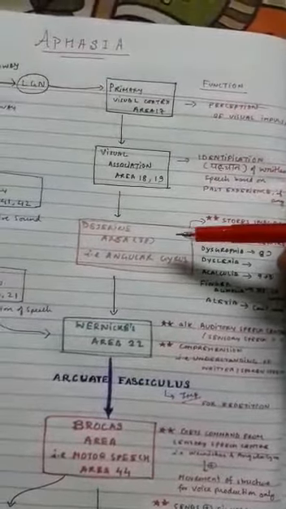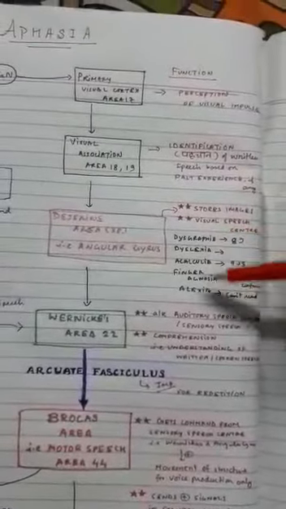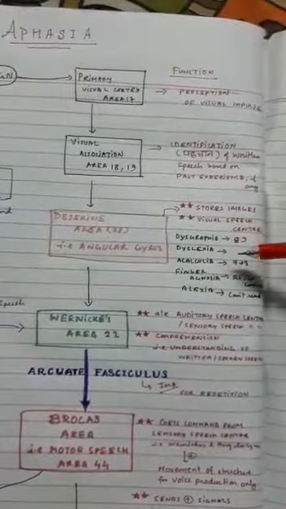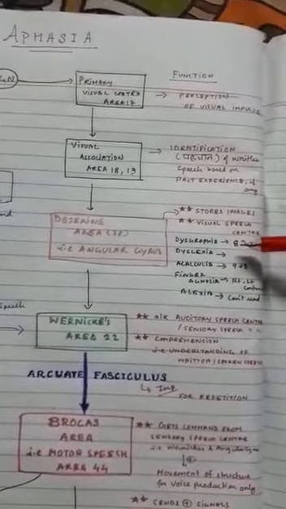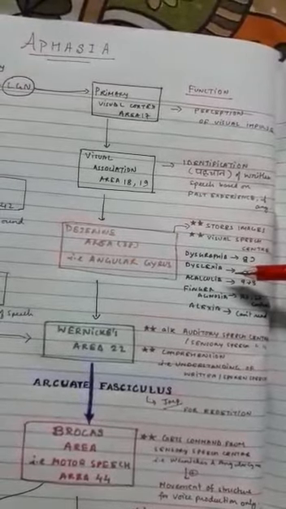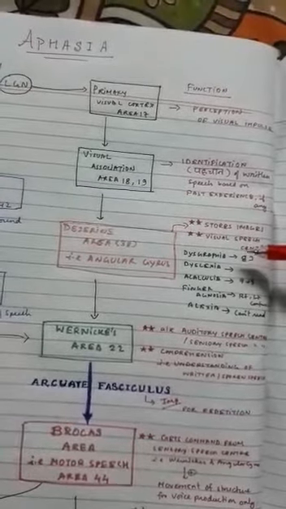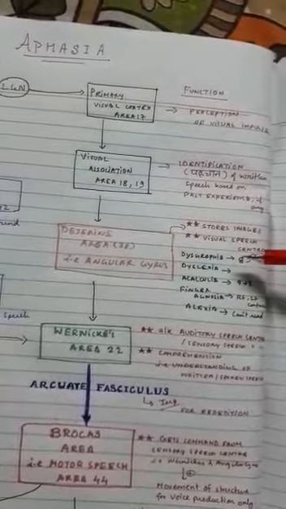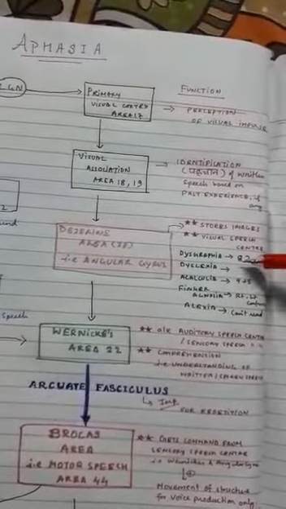Any kind of abnormality in this angular gyrus leads to various effects, like dysgraphia, where the person can't write properly. He writes B like this, he writes C like this. In dyslexia, the person can't pronounce properly any number if shown.